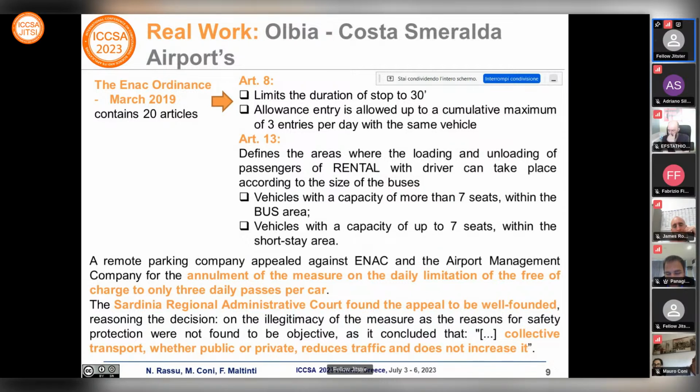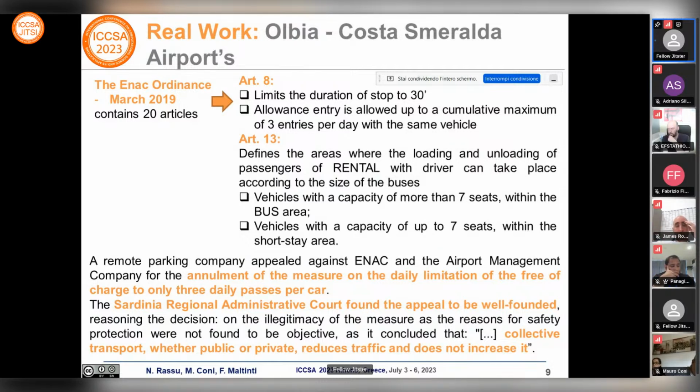In addition, again in consideration of the safety requirements of vehicular and pedestrian transit and the characteristics of vehicular flows in the vicinity of the air terminal, entry is allowed up to a cumulative maximum of 3 entries per day with the same vehicle. Article 13 defines the area where the loading and unloading of passengers of rental with driver can take place, according to the size of the buses.